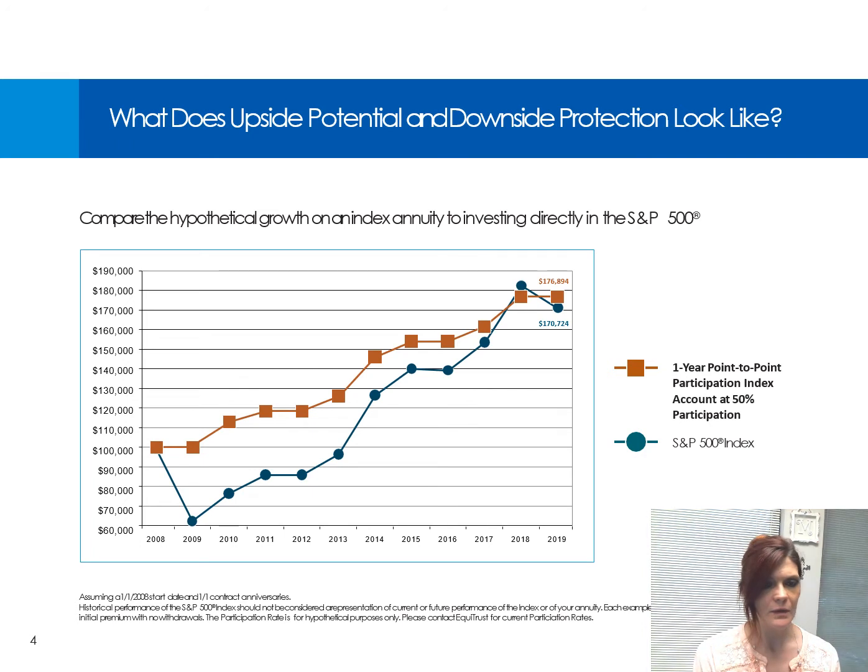So you see up there in, say, 2018, where the S&P did well, it actually exceeded the gains of the indexed annuity. But then when it went back down the following year, you still came out ahead because the gains in the indexed annuity stayed level and were locked in, and you did not participate in the losses.